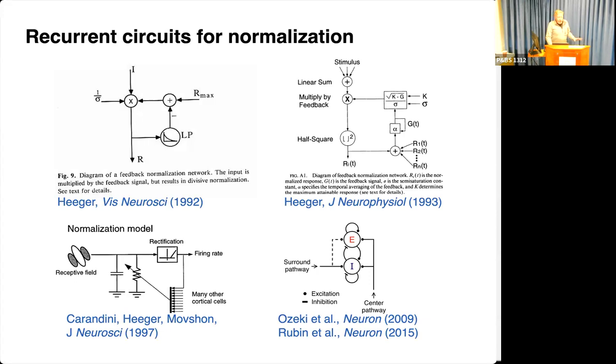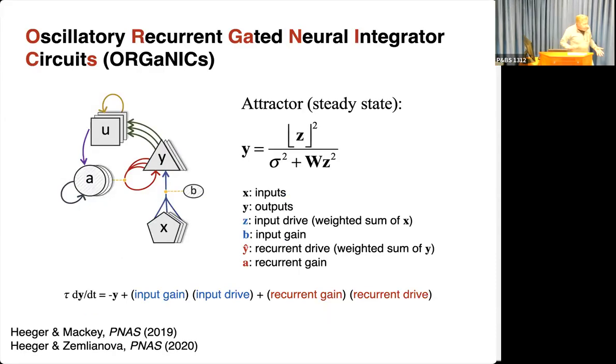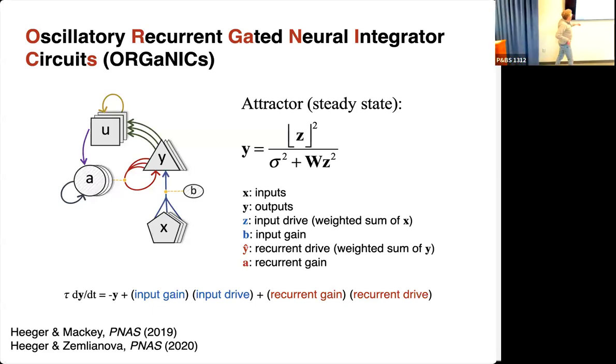There have been over the years, between 1990 and recently, different ideas for how normalization might be implemented in the brain. There are various reasons why all of these are wrong. The key idea that's been observed now repeatedly is that instead of, so remember, this is the steady state. This is the attractor state that it ends up in, right? The dynamics of this thing will end up here if you give it a constant input.